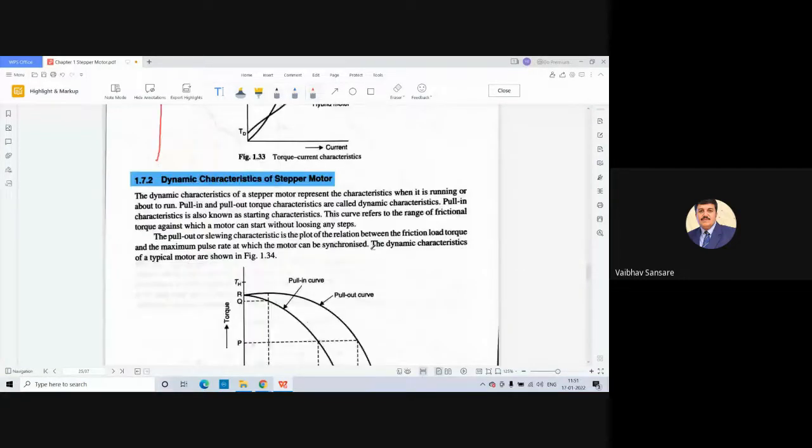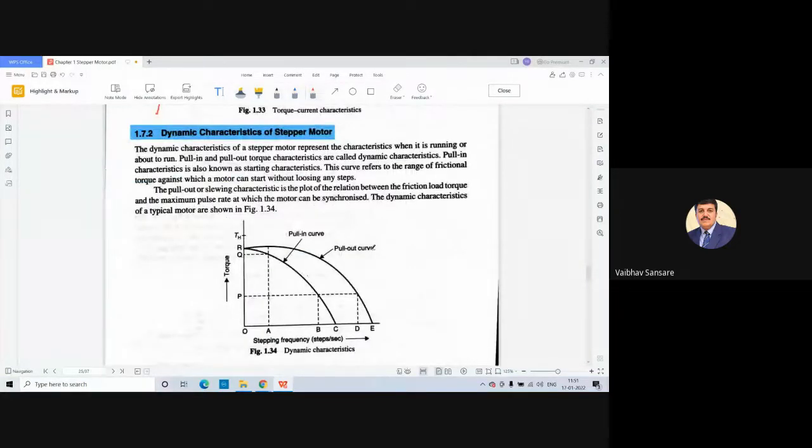Now next, let us move towards the dynamic characteristics of a stepper motor. The dynamic characteristics represent the behavior when the motor is under running condition or about to run. So pull-in and pull-out torque characteristics are generally called the dynamic characteristics of a motor.